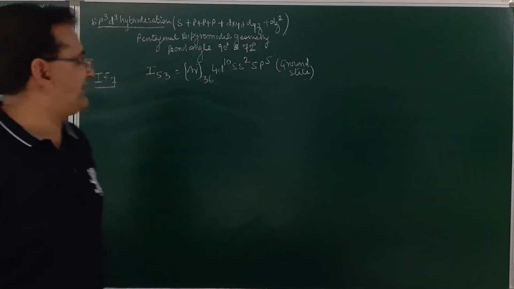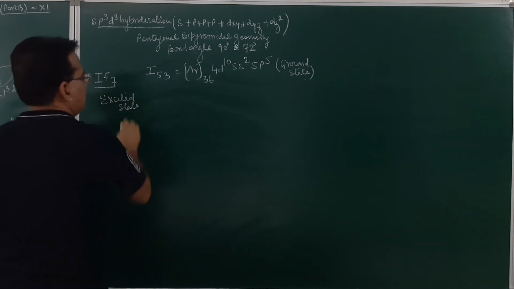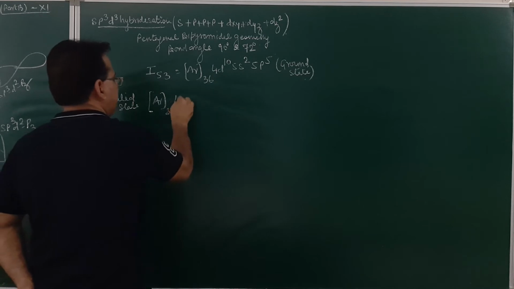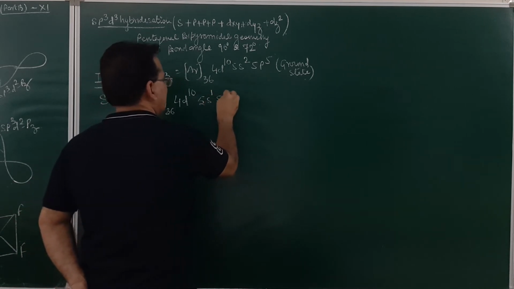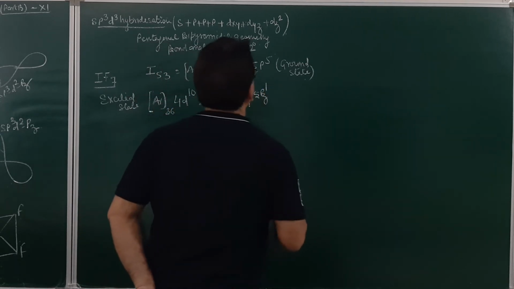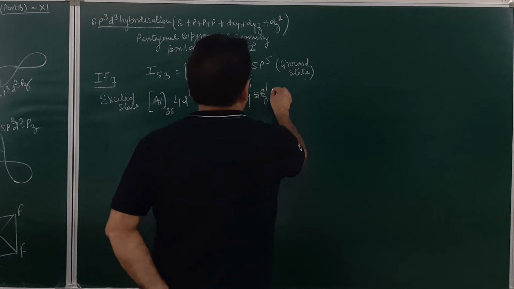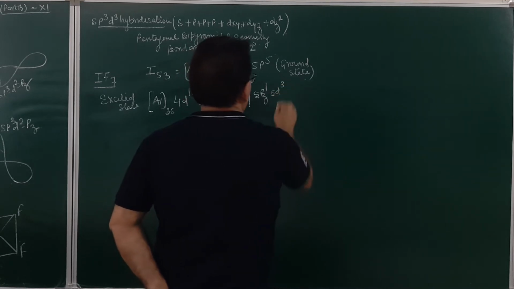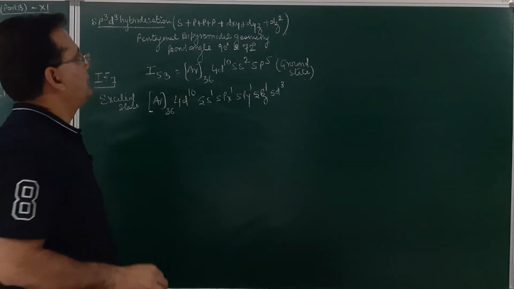If you write down the configuration in the excited state, it will be argon 36, 4d10, 5s1, 5px1, 5py1, 5pz1. Then 5d3, in dxy, dyz and dz square.